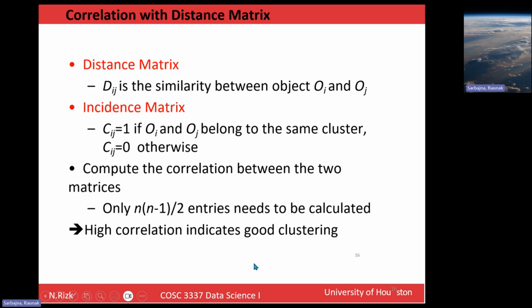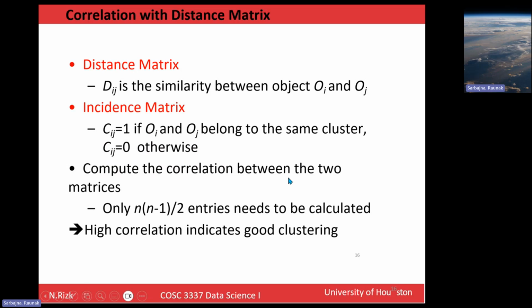We usually use a distance matrix to calculate this because in the real world, you have thousands of clusters and thousands of data points. But you can do it by hand if it's like 5 or 10 or 15. More than that, you need the distance matrix and the incidence matrix to compute the correlation between them.